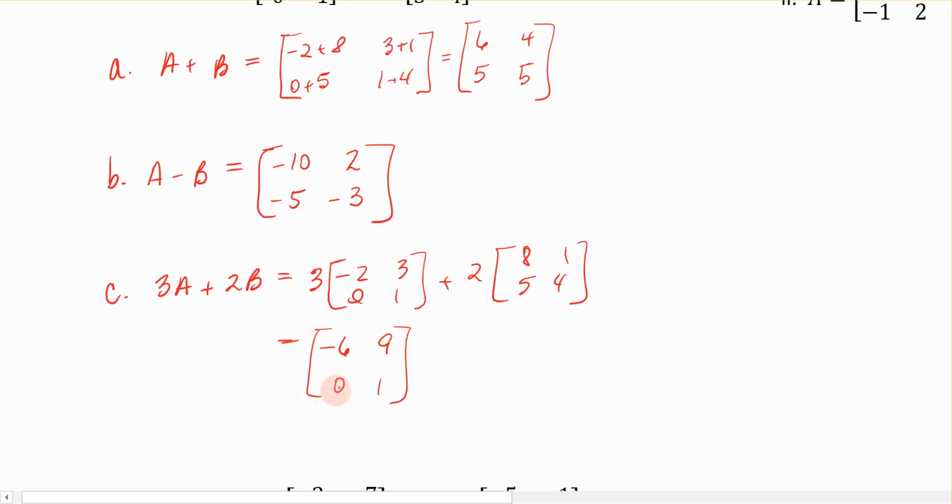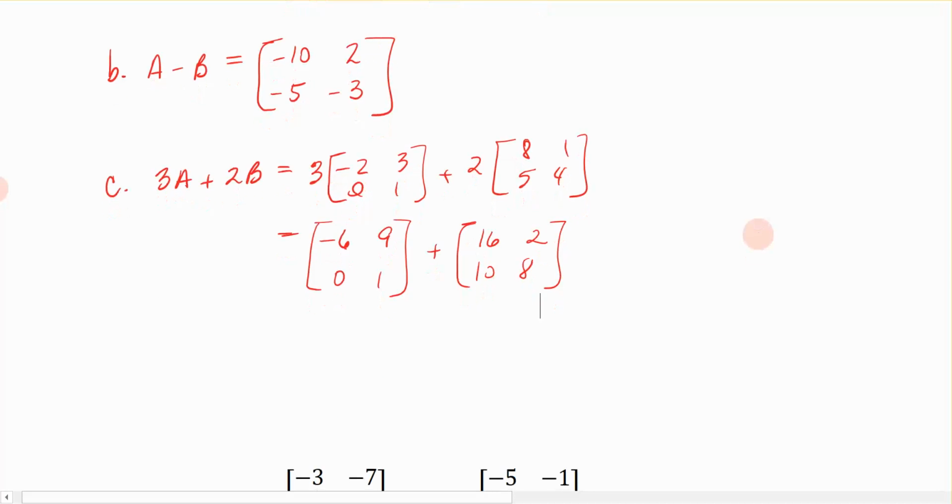So that is scalar multiplication of a single matrix. Now, what happens when I multiply 2 times matrix B? I get 2 times 8, which is 16, 2 times 1, which is 2, 2 times 5, which is 10, and 2 times 4, which is 8. And that is scalar multiplication times matrix B.